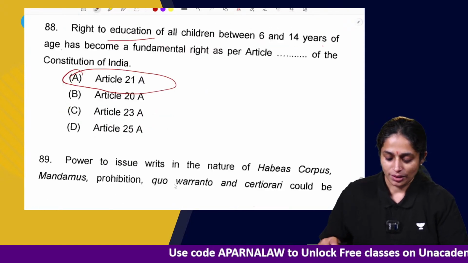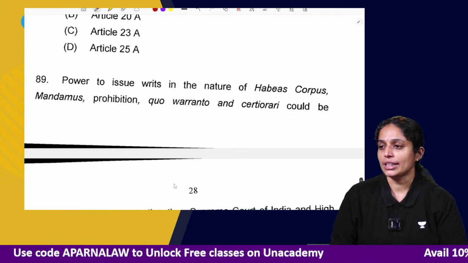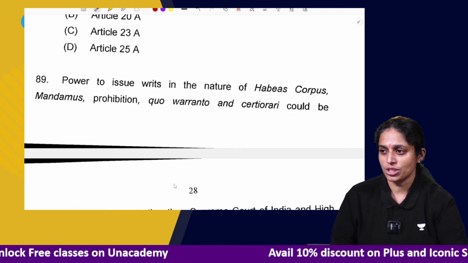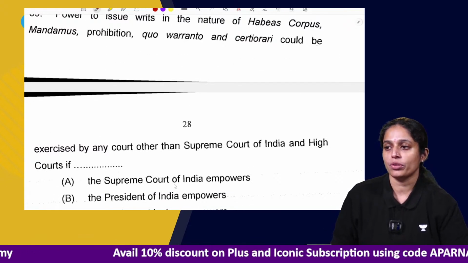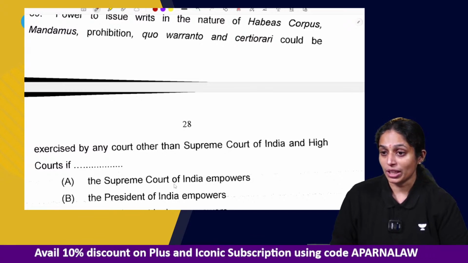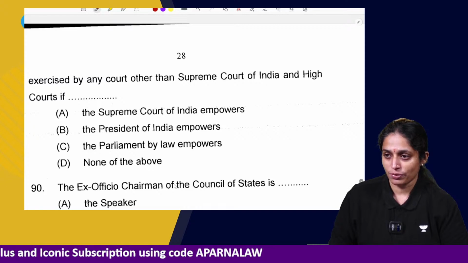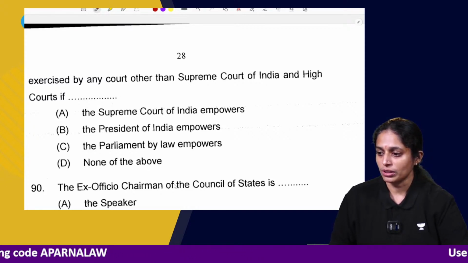Good. Next, 89th. Power to issue writs in the nature of habeas corpus, mandamus, prohibition, quo warranto and certiorari could be exercised by any court other than the Supreme Court of India and High Courts if A, the Supreme Court of India empowers, B, the President of India empowers, C, the Parliament by law empowers and D, none of the above.